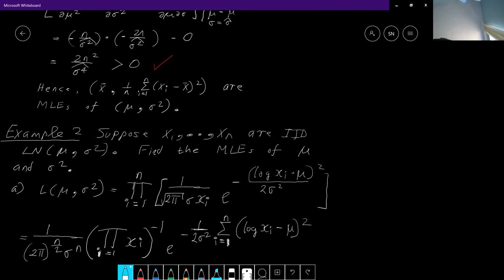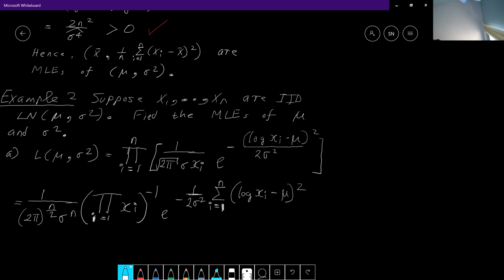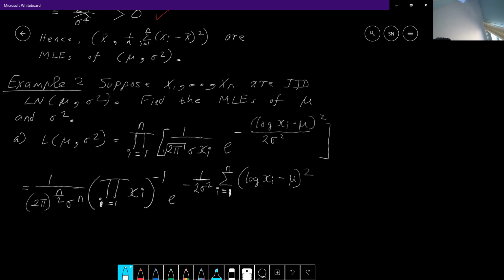Yeah, this is the simplified form of the likelihood function. All right, so that's part A, and part B is to take the log of the likelihood.